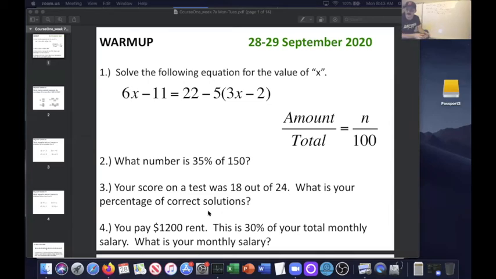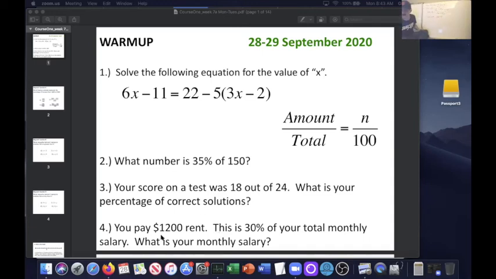It is demonstrating what that word means in a previous location. That's what this means. We are demonstrating that this number 1200 is what this refers to. Okay? So that actually means from the second sentence, 1200 equals 30% of your total monthly salary, which you don't know.